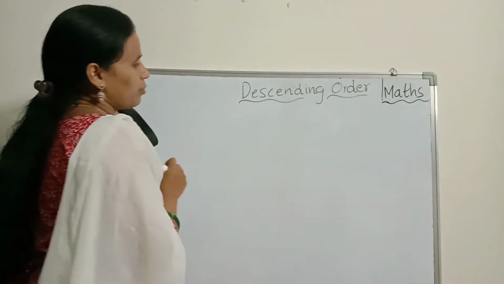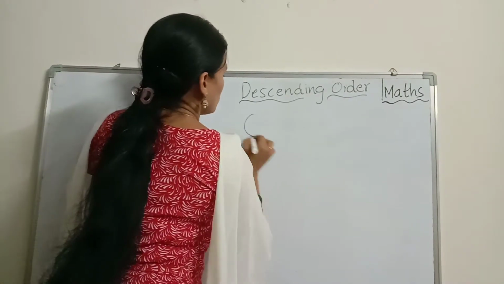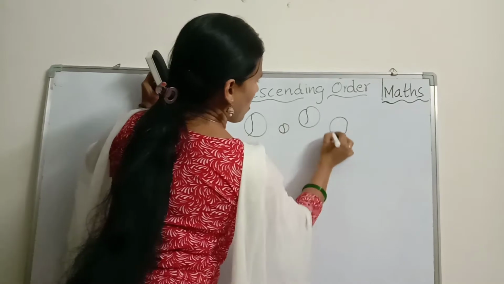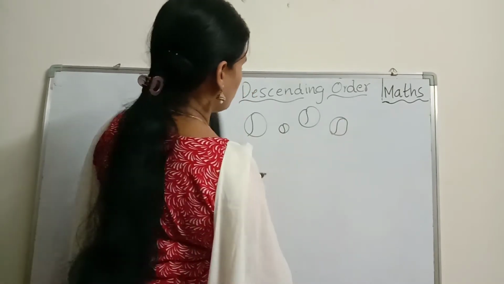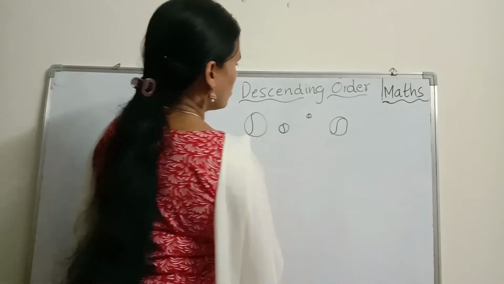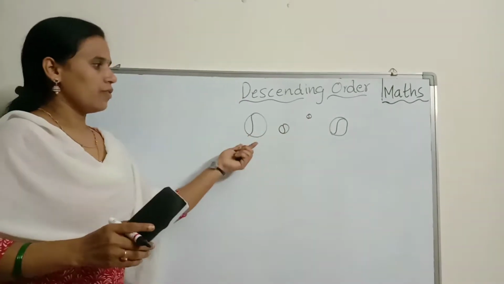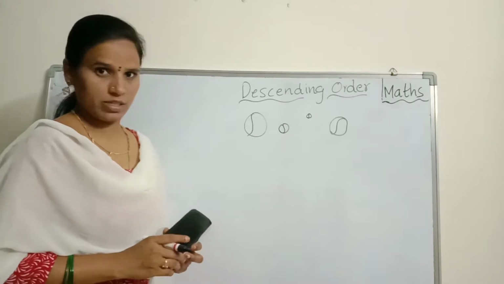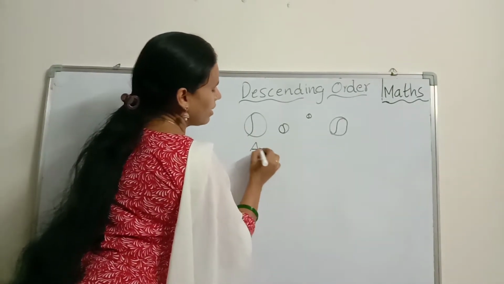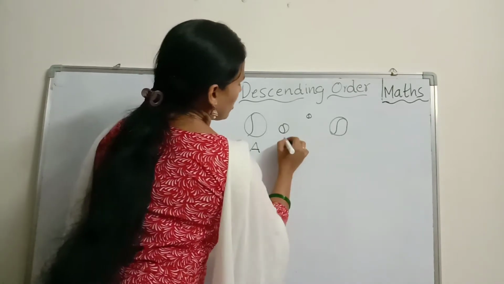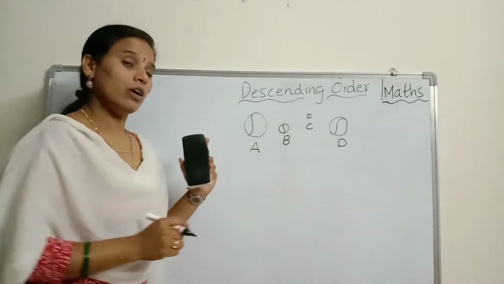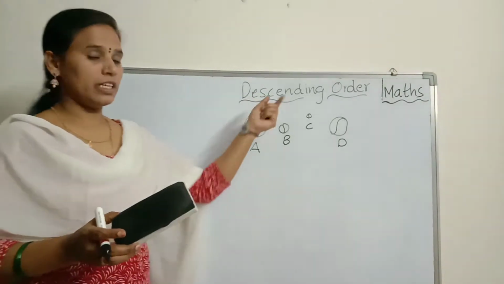Now, for example, now see here we have 4 balls. Yes? Okay. This is capital A, capital B, capital C, capital D.